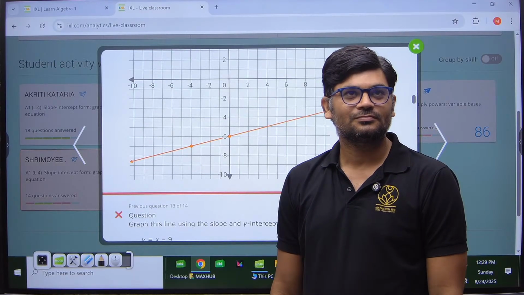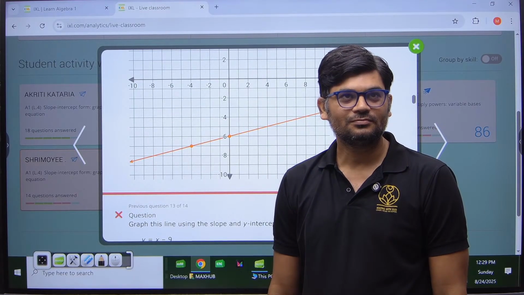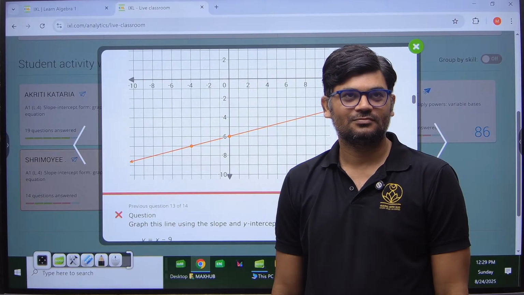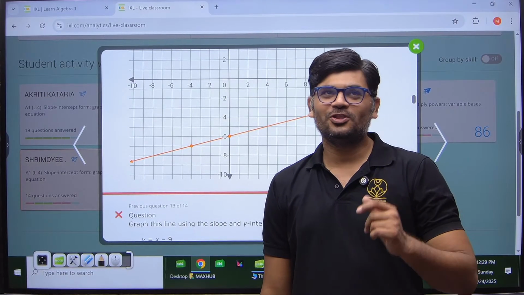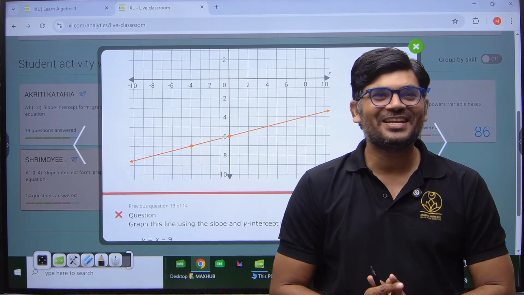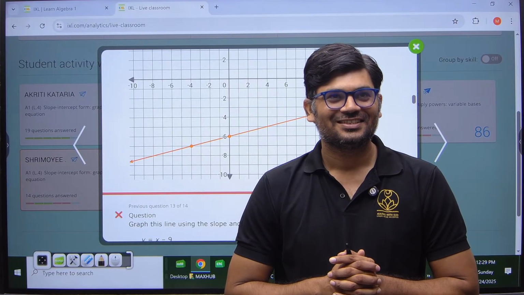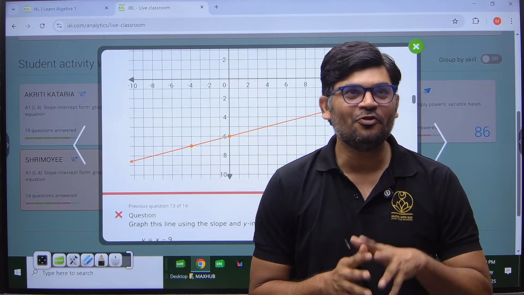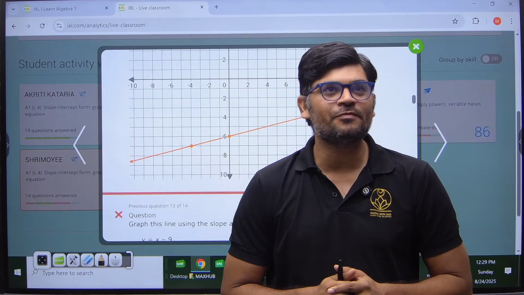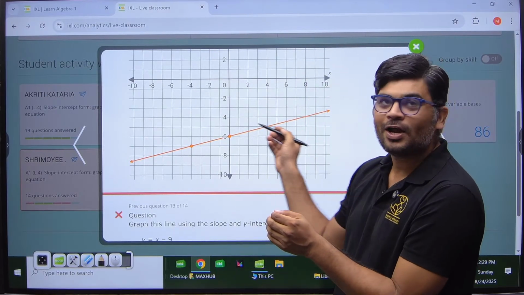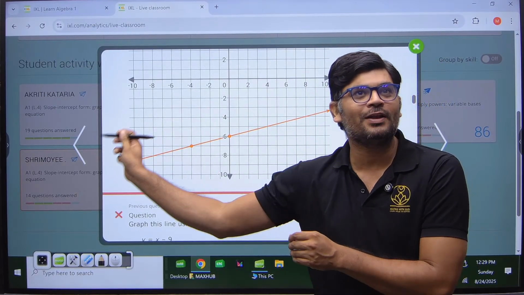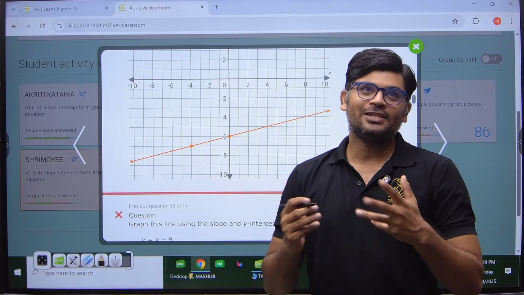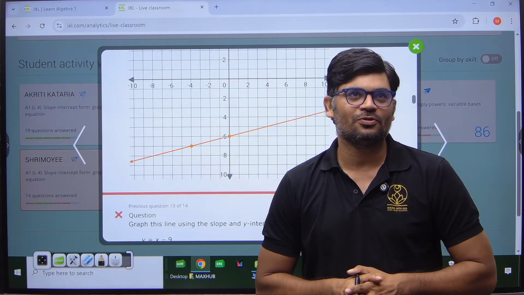When the fraction is negative, is it only the numerator which is negative, or is it also the denominator? Okay, what do you think? Either one of them can be negative. So you can make the numerator negative. If you make the denominator also negative, that's also fine. But in that case, you will not move right. You have to move left. So either way, you will arrive at the same solution only.